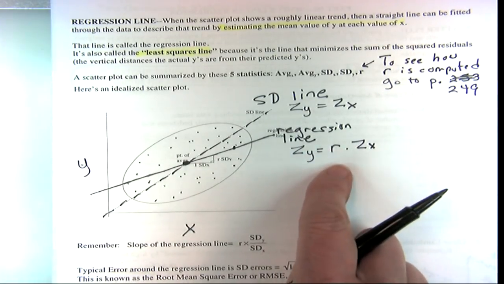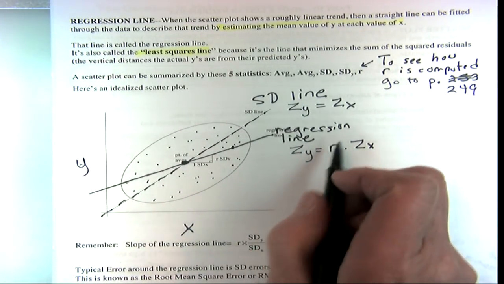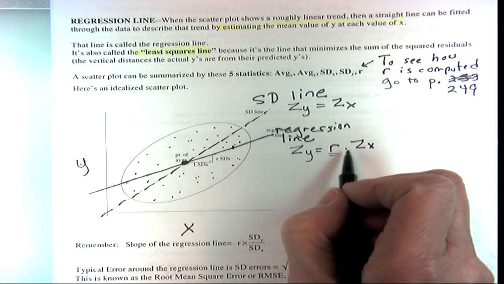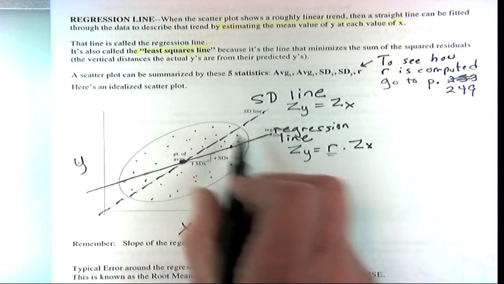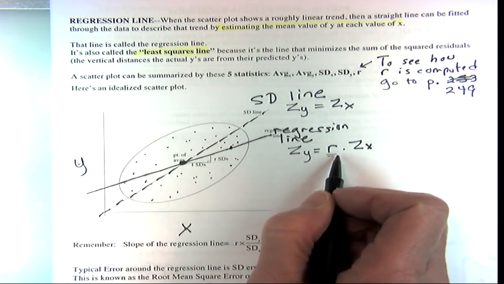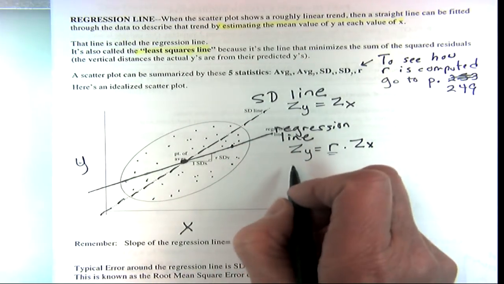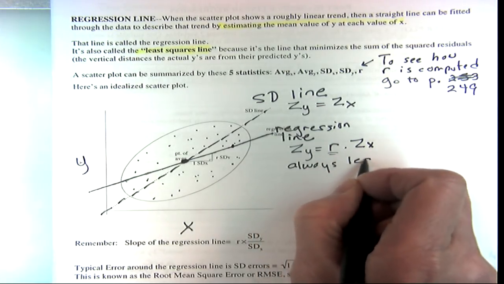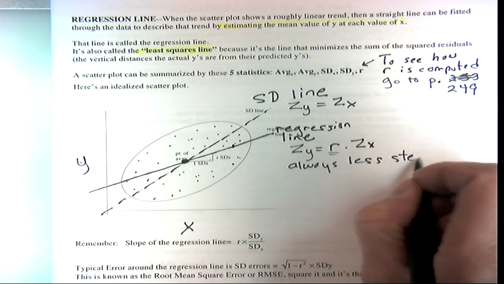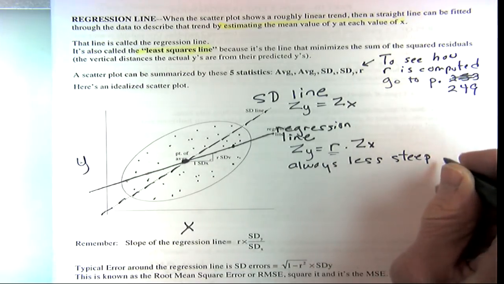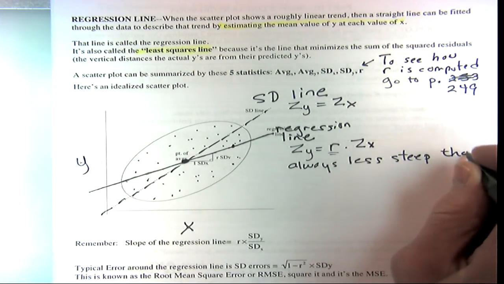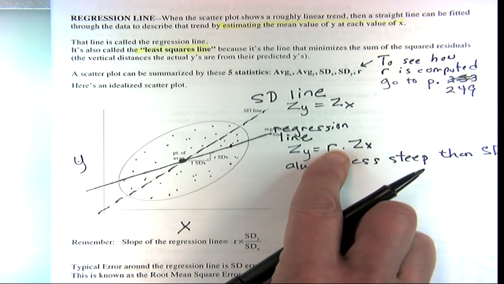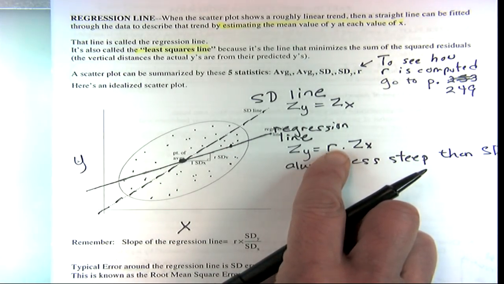And this regression line, of course, is always less steep by a factor of r, right? Unless r is 1, this is going to be less steep than the SD line, because the slope, r, is always less than or equal to 1.